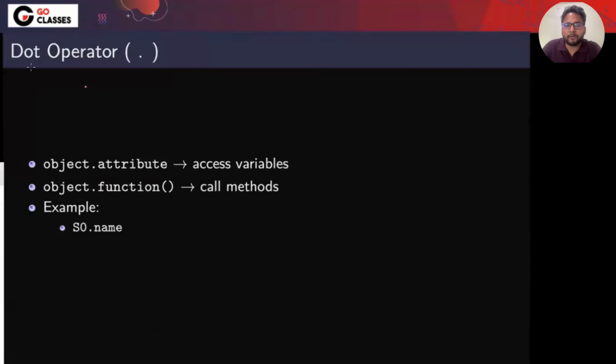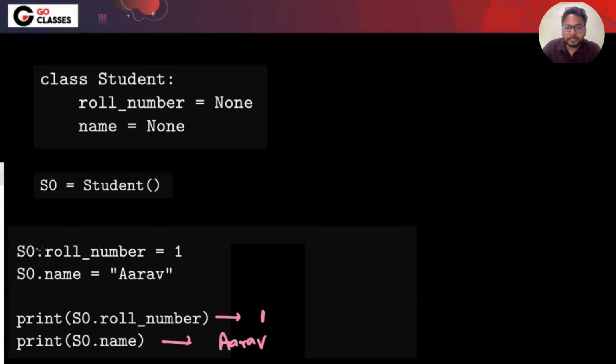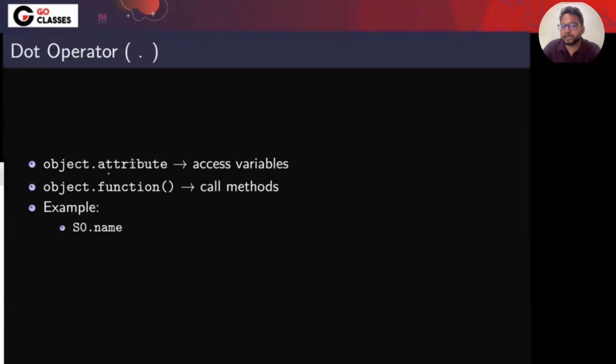Okay, the dot operator we have already discussed. The dot operator is basically used with the object to access the attribute. For example, if you are writing S0 dot roll number, then this dot is one operator using which you can access the attribute of that object. So basically, every object has attributes, right? These are the attributes. You can also define functions within the class, which we will be doing a little later.